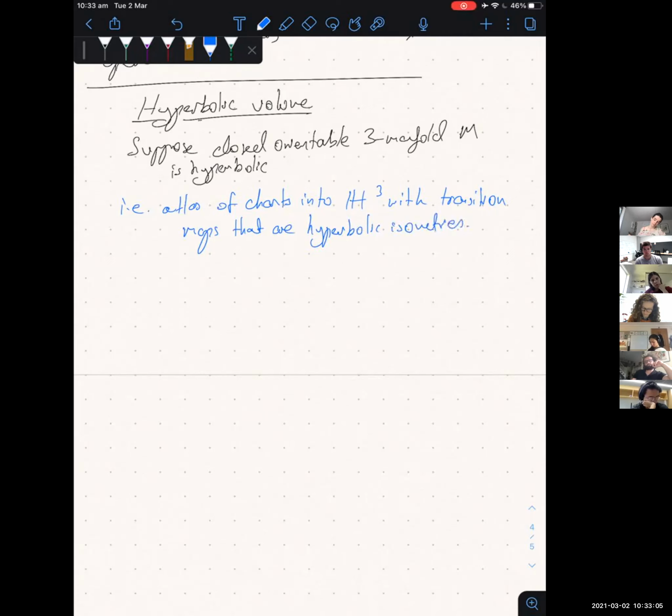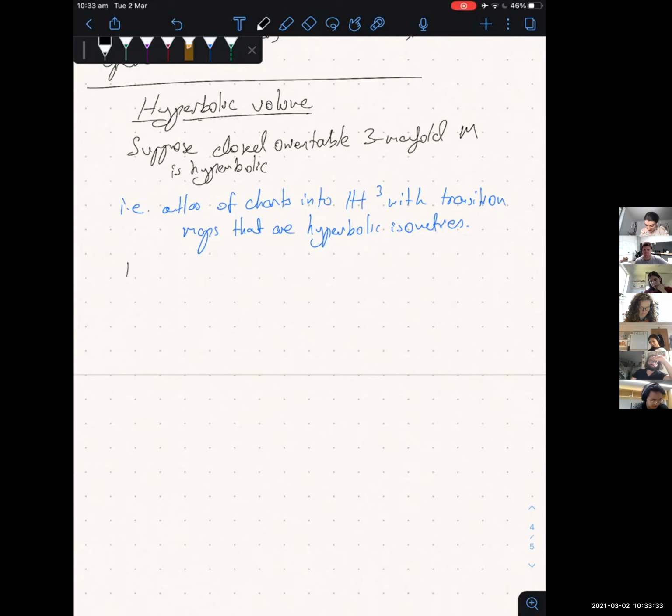Right. This might seem like a pretty constrained thing, but this is a really big, interesting class of 3-manifolds. I think there's a sensible way of saying that most 3-manifolds are hyperbolic, for some definition of most. In particular, I really like hyperbolic 3-manifolds, so I'm going to talk about them.